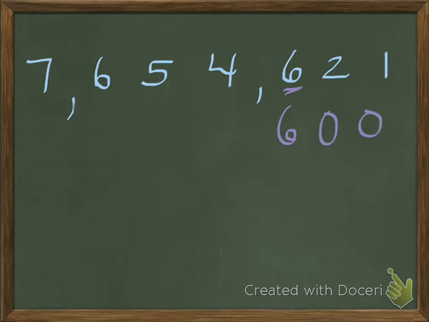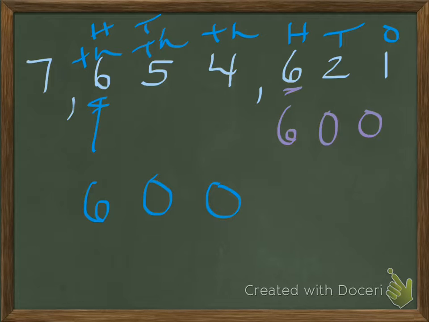And this 6 is in the 100,000s place. We bring down the 6 and then 0, 0, 0, 0. So that is actually 600,000.